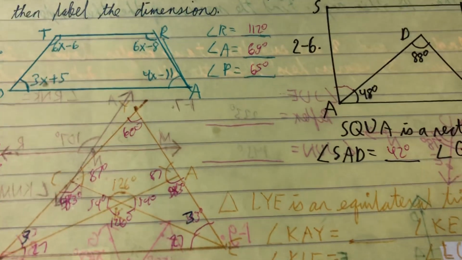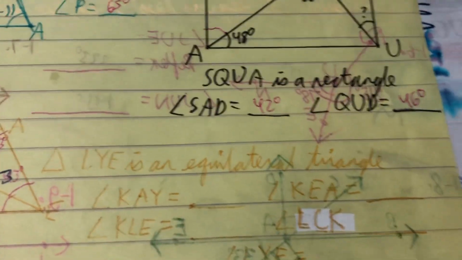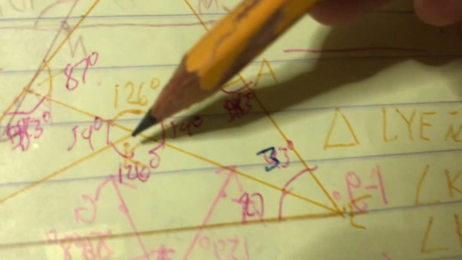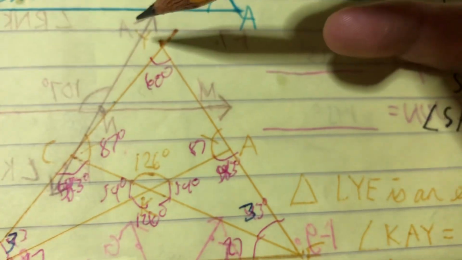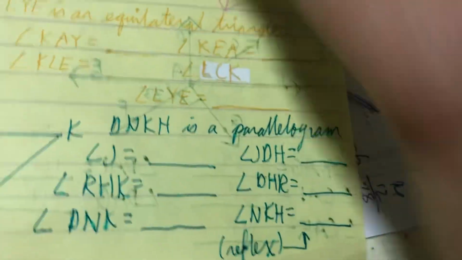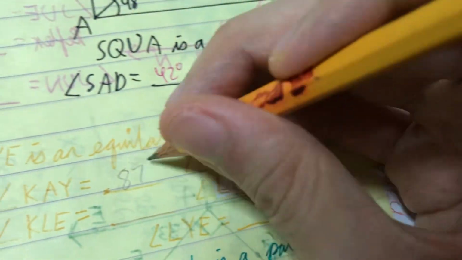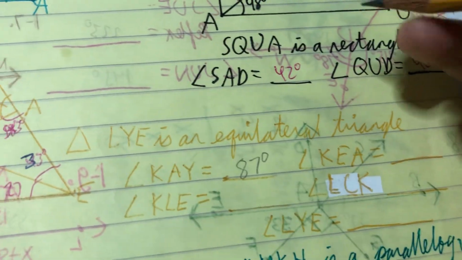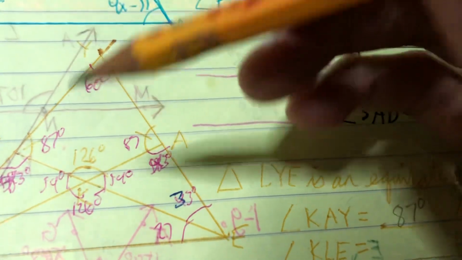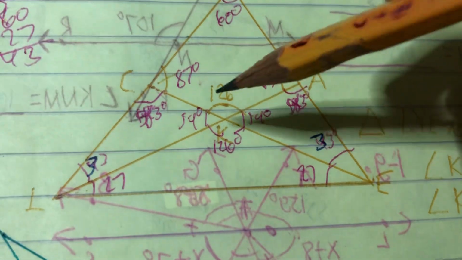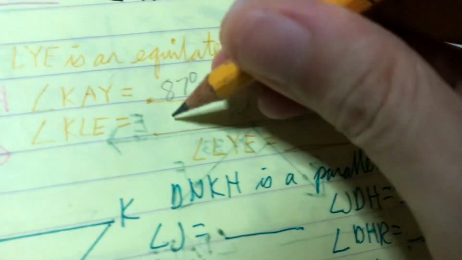Alright, so now let's solve for the answer. Angle KAY, what is the measure of angle KAY? It's 87 degrees. Next, KLE, obviously 27.